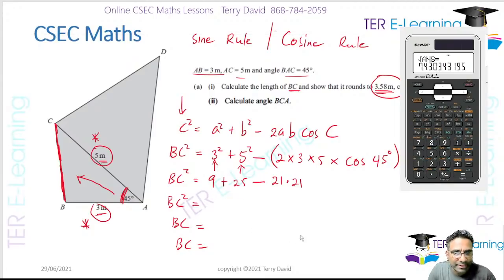So let's just do that calculation again in the calculator. I never typed something wrong in the calculator. All right, so let's do it over. 9 plus 25, right, 34, minus 21.21. I feel I added it just now. So this is 12.79.